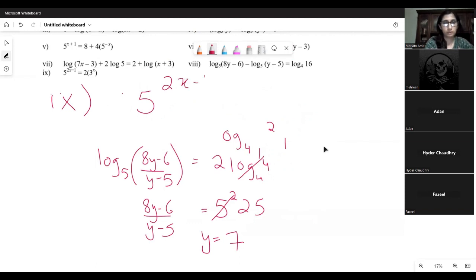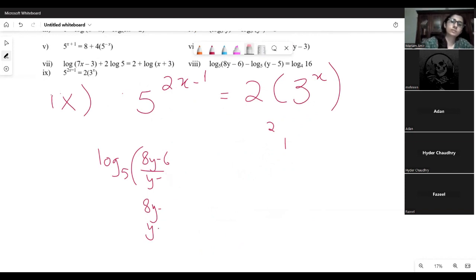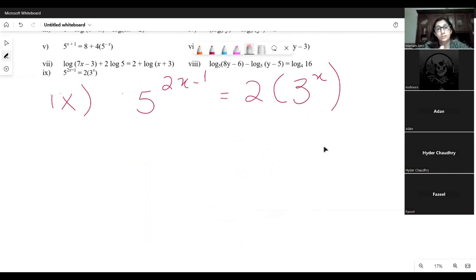Part 9. Okay, this is a calculator question. How do we find the value of x?